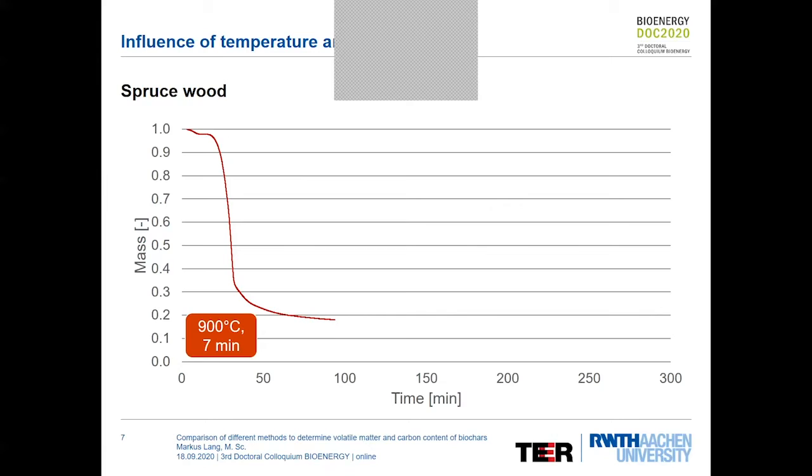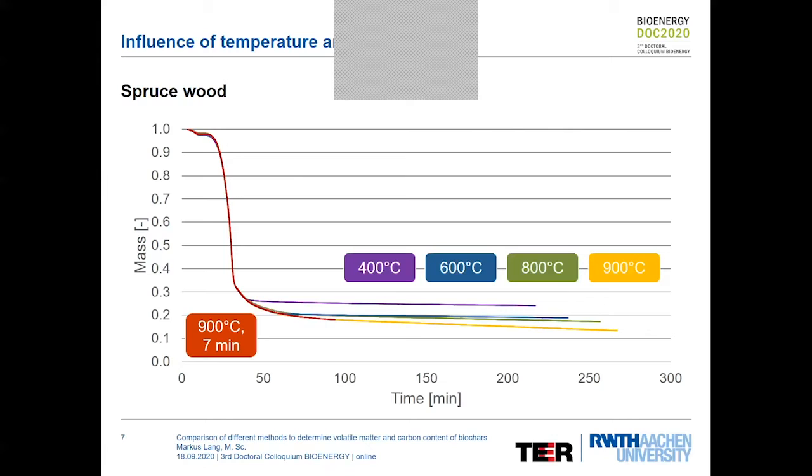And as the decomposition is not finished after the 7 minutes, we want to see how the residence time and also the temperature has an influence on this material. Therefore, we investigated the material at 400, 600, 800, and 900 degrees with 3 hours residence time.